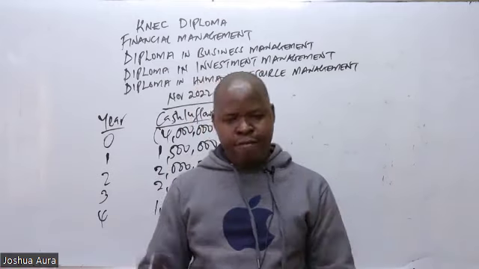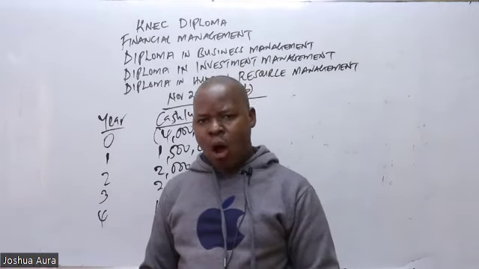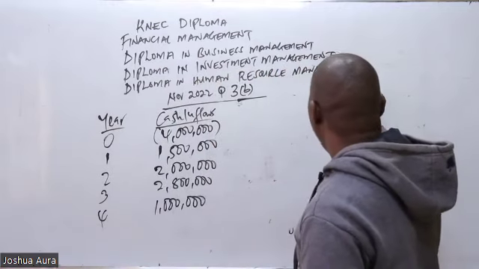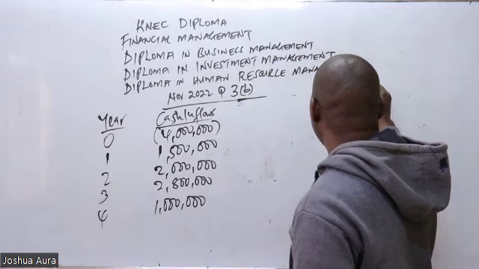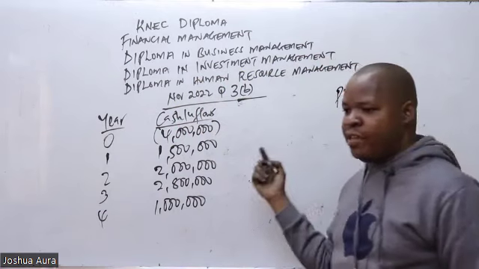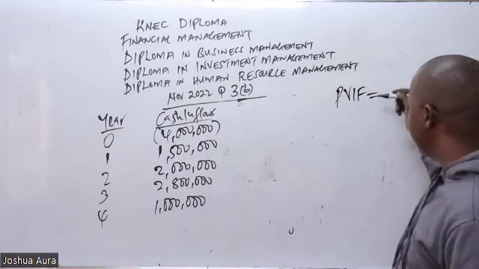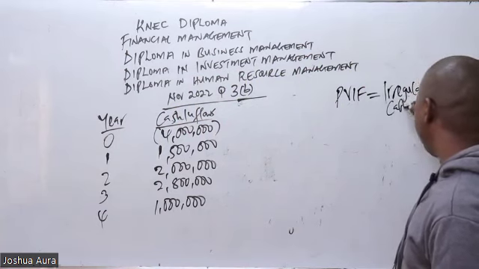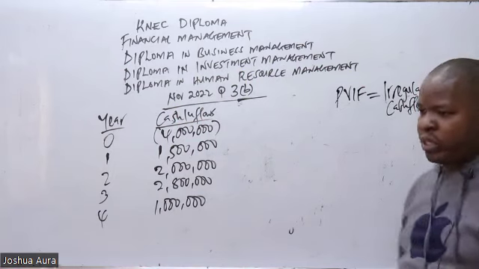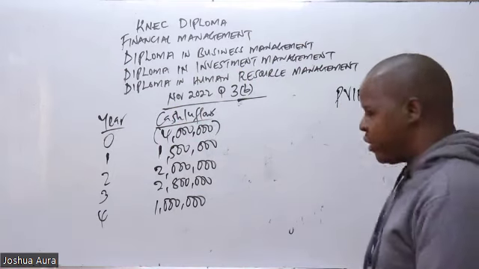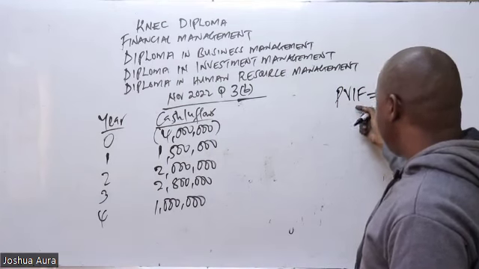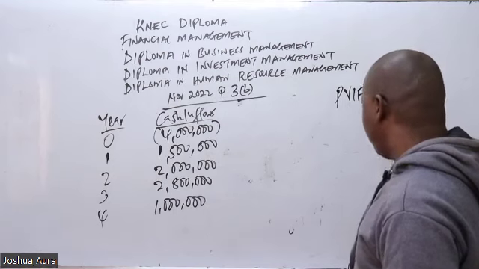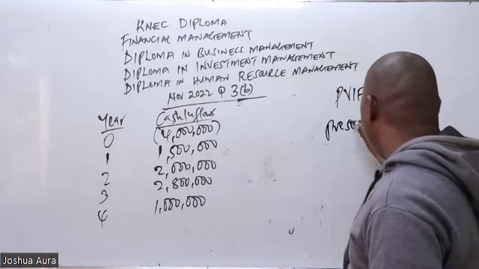So my good friends, the method of discounting which we shall use here is called PV, present value interest factor. This formula of discounting is for irregular cash flows.